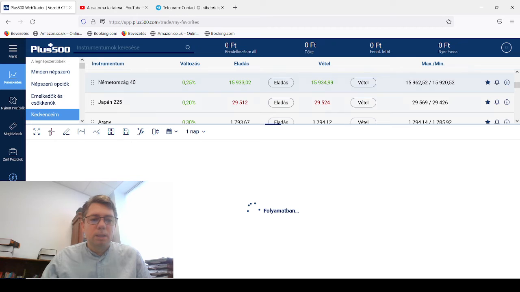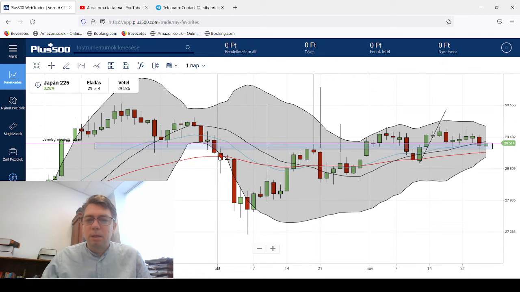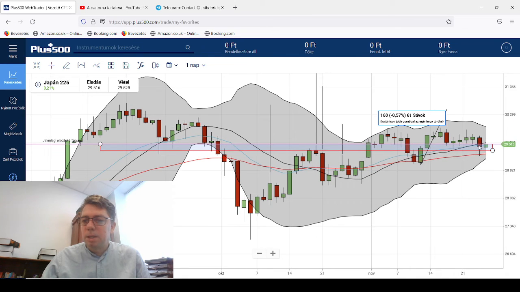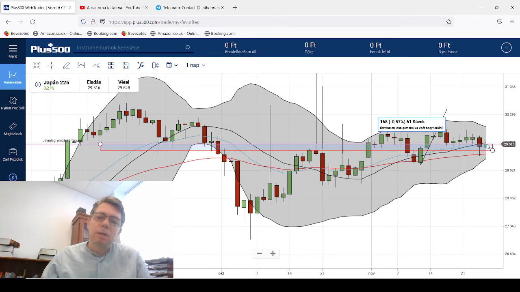Until then, we are probably bouncing between these two areas here. Japan, Nikkei. Looking at Nikkei, we are still spending some time in this area of support. We had a wick to the 50-day EMA, that's the daily chart, and we are right now around the 20-day EMA, trying to get above there and close this candle.